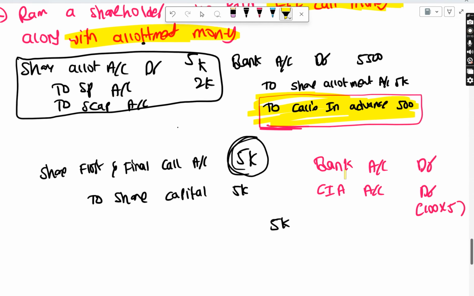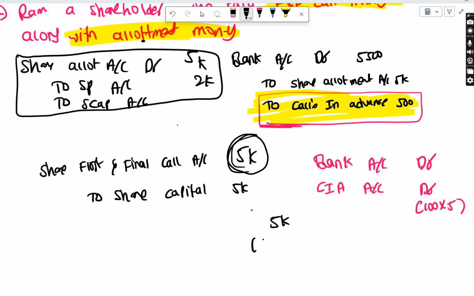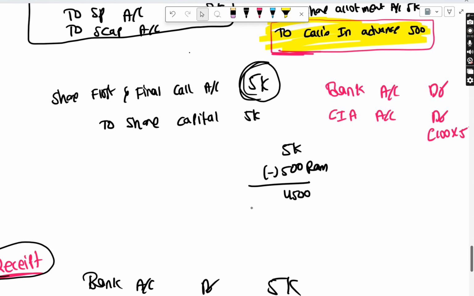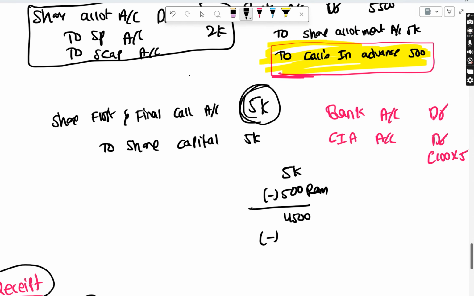If you take the Ram money out, we have only 4,500. Now Raj did not pay the money, 100 into 5, so 500 Raj. So totally we have 4,000 only, right?